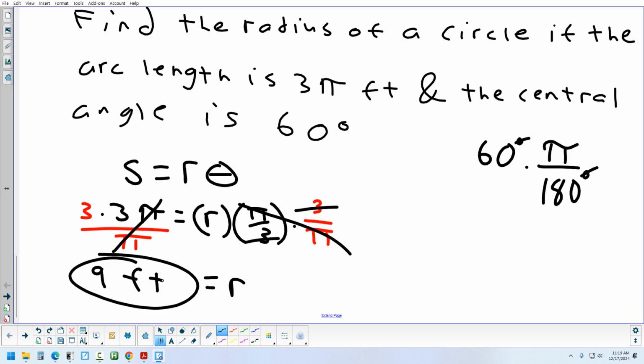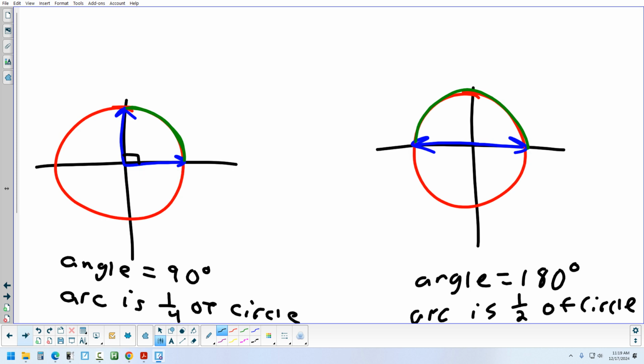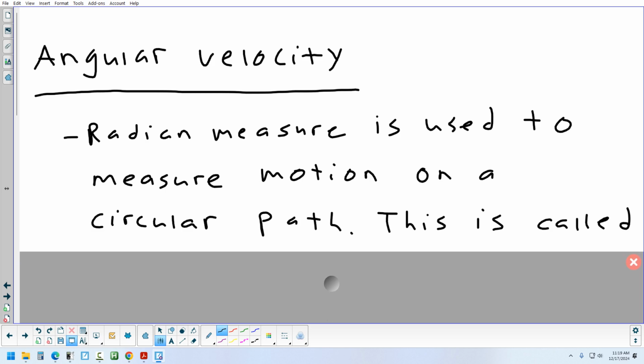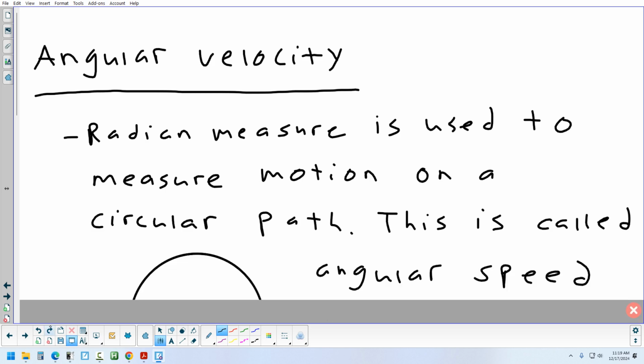All right, so that's the first topic. It's 3 topics. Second topic, angular velocity. Well, velocity basically is like speed, right? It measures how fast something is going. Angular measures how fast something is going by using a unit that measures angles: degrees, radians, revolutions.